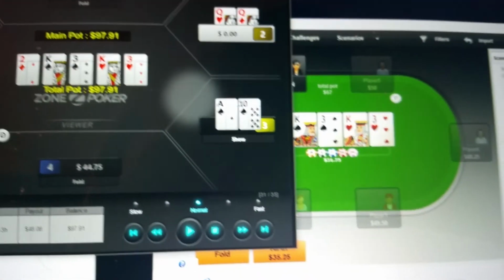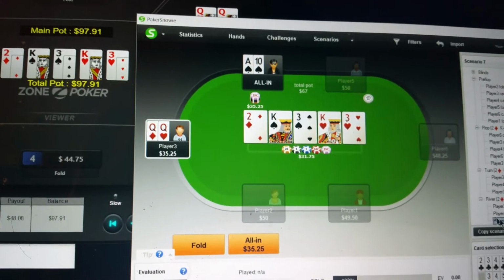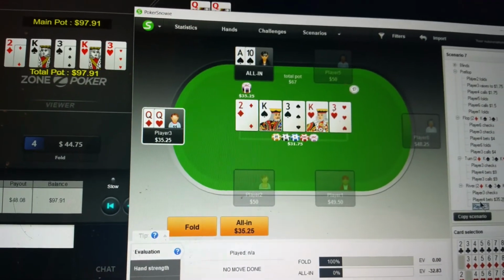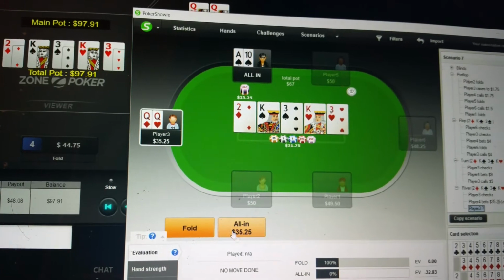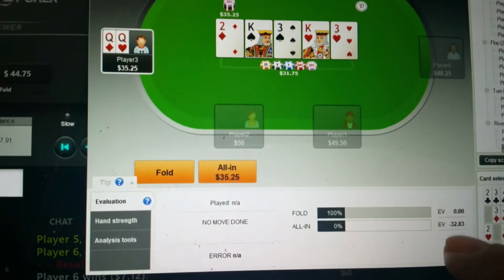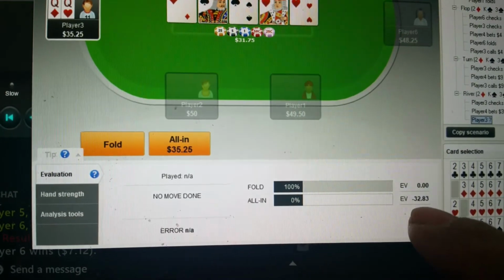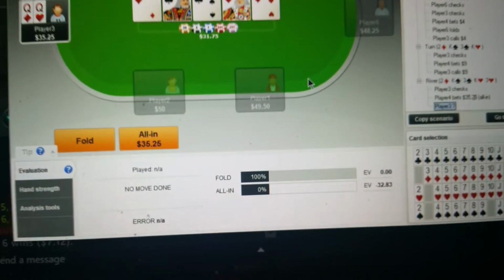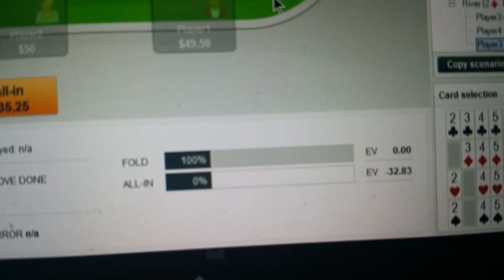So let's see what the EV difference was when I do call. If I called it all in, it's supposed to be negative 32 EV, so it's a really large, it will be a blunder. I mean, that is huge. Negative 32.